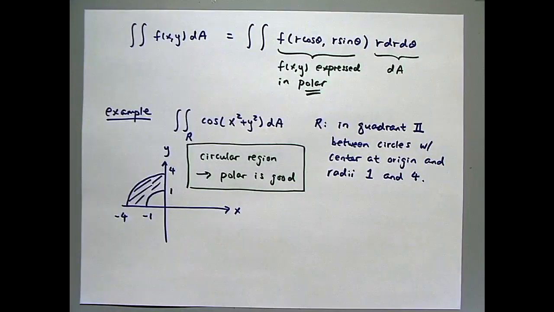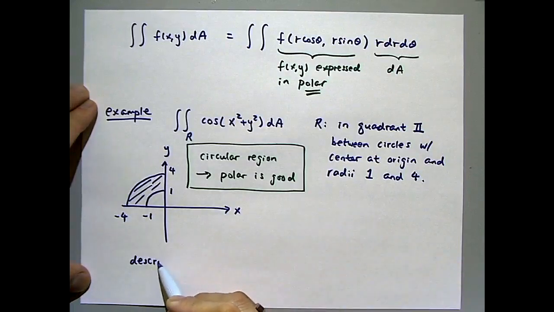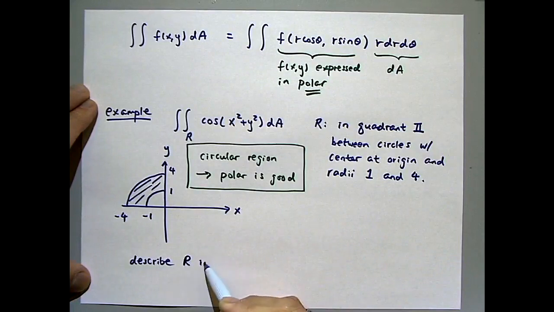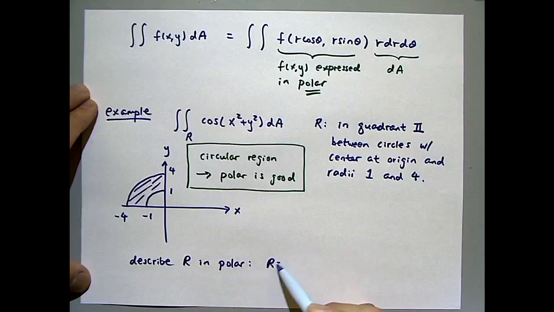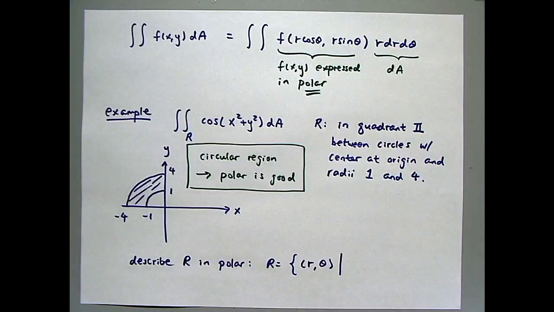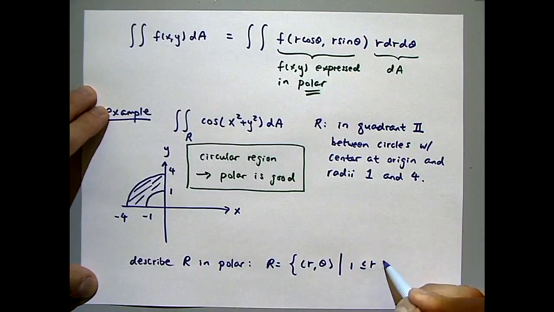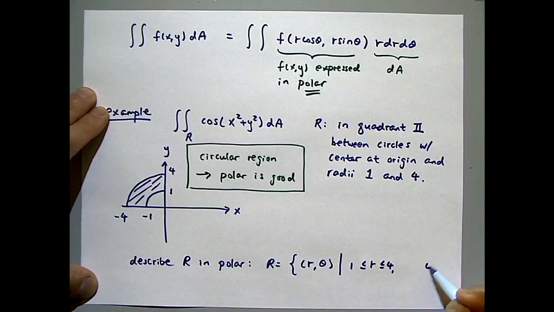Okay, now let's describe the region R in polar coordinates. The region contains all the points (r, theta) such that r is always bounded between 1 and 4, and theta is always bounded between pi over 2 and pi.